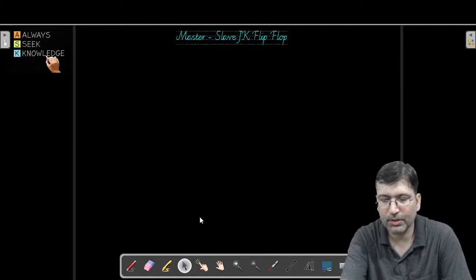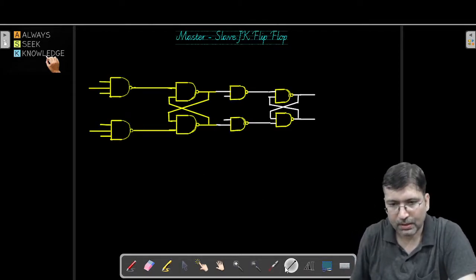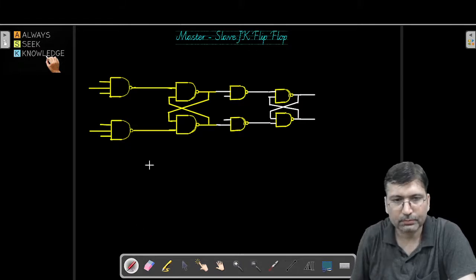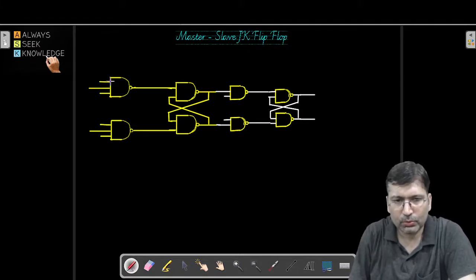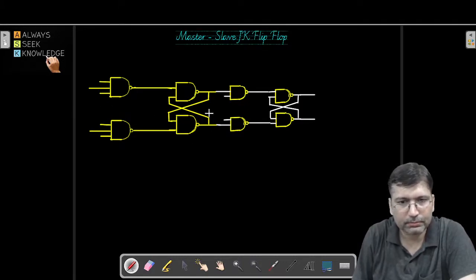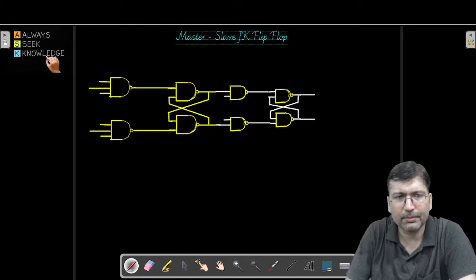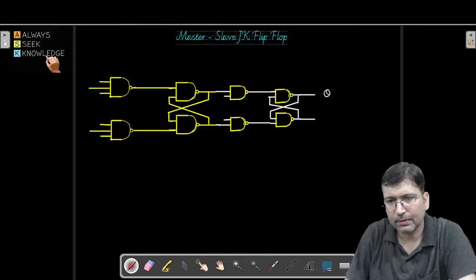So let me draw that. In the master slave flip-flop, we connect two JK flip-flops in such a manner. We assume this is the final Q and Q bar. Here we are getting Q, and this is the Q bar state.